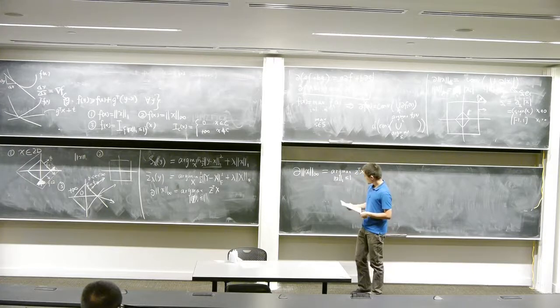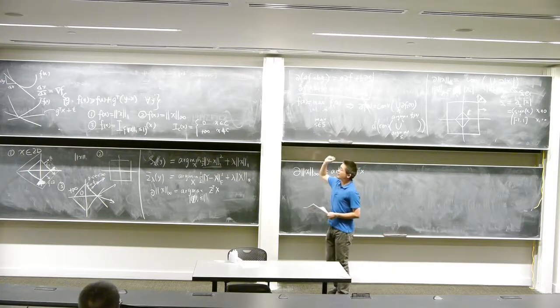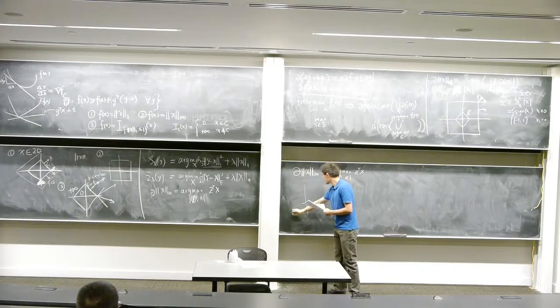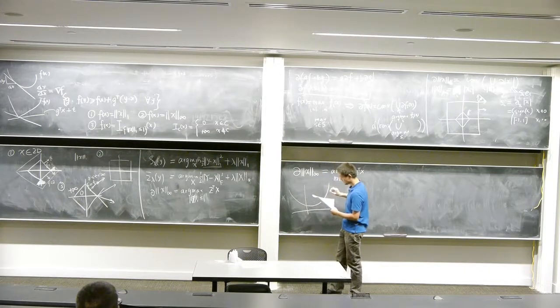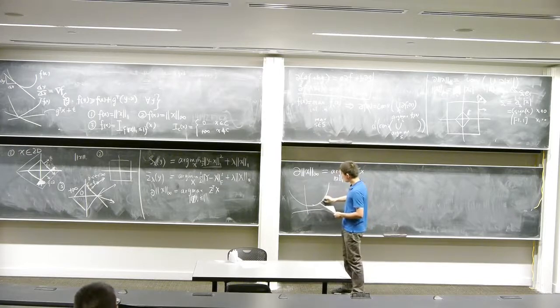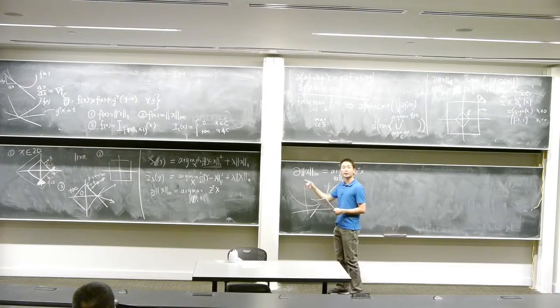If we go back to the very beginning, the intuition of the subgradient is this. Suppose in one dimension we have a function, and for every point x, we have a tangent plane, or just a plane that lower bounds this function value.